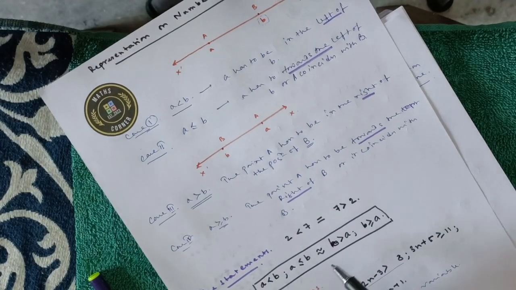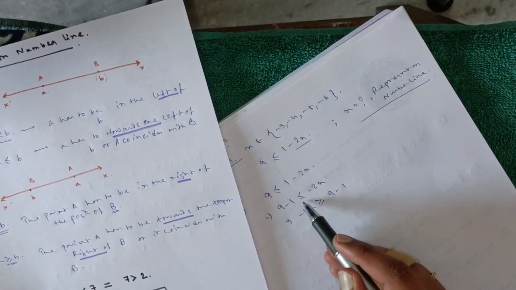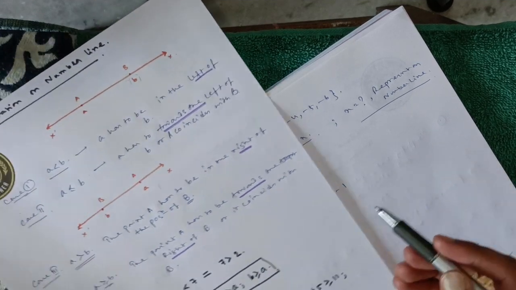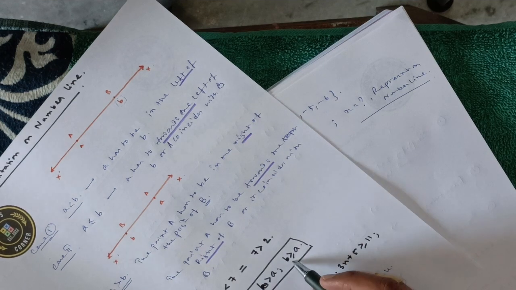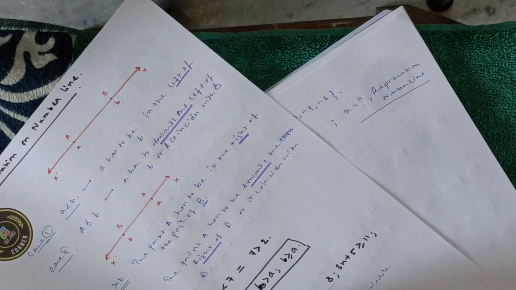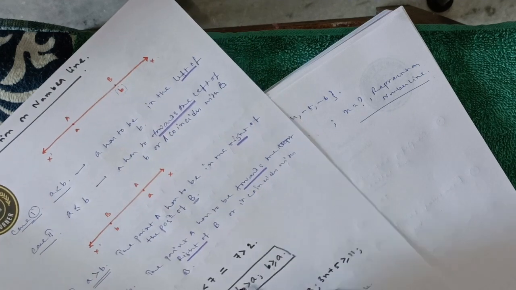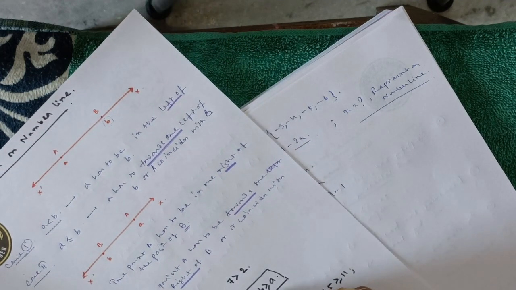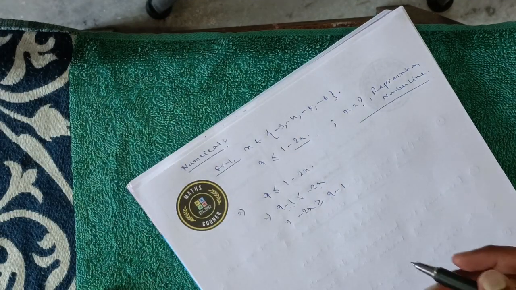Here is the statement. 9 minus 1, that is 8 less than or equal to minus 2x. It's like a less than or equal to b. A is 9 minus 1, that is 8, and b is minus 2x, so it will be minus 2x greater than or equal to 8.